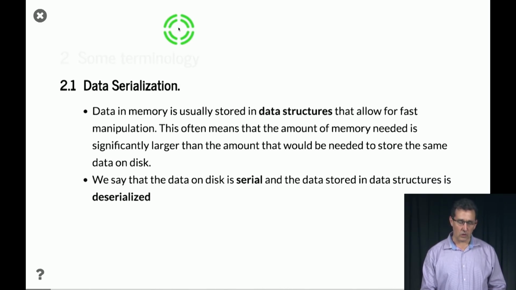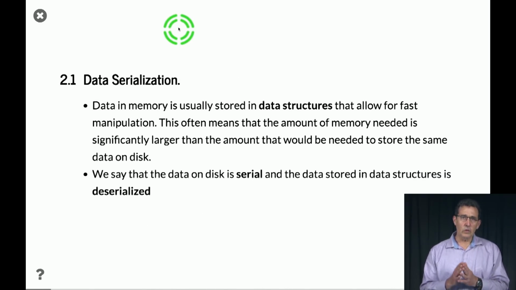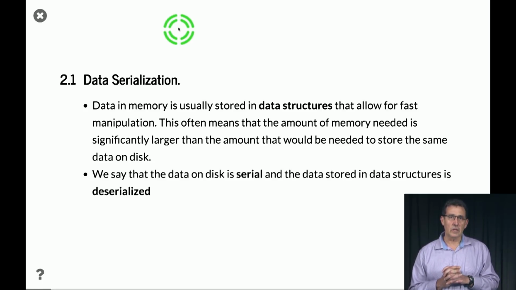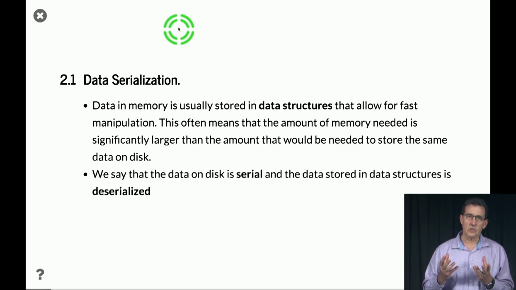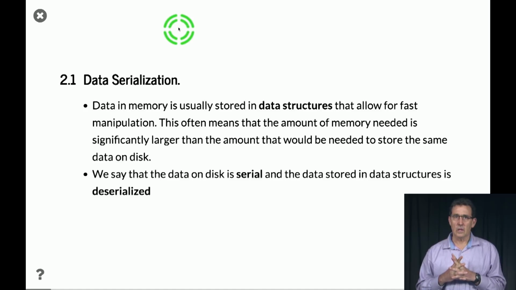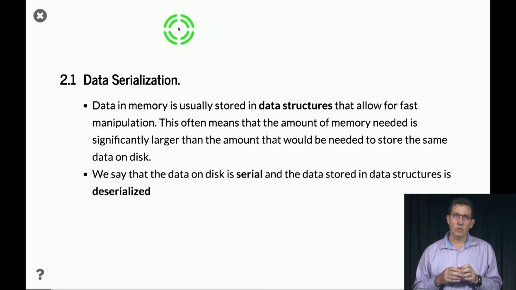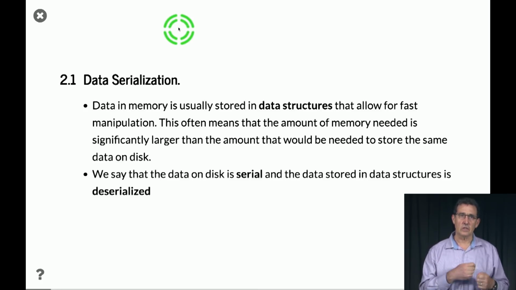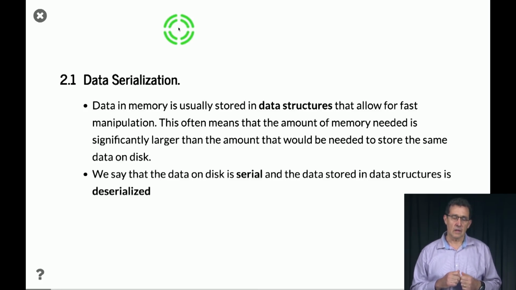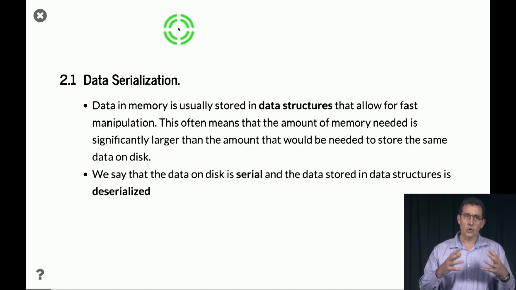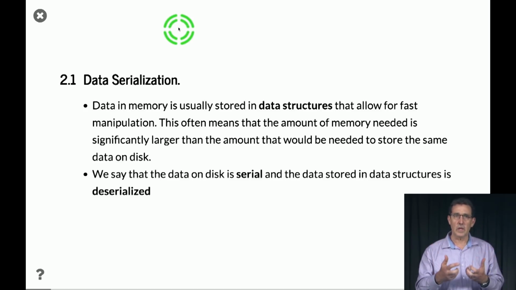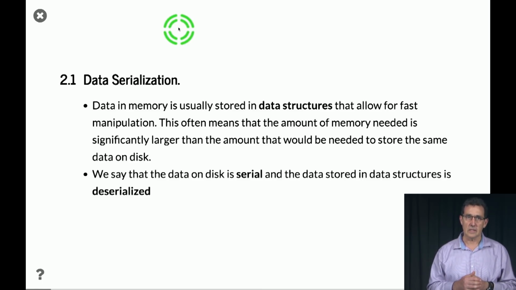So, some terminology. When we talk about data that is in memory, we usually think about data structures such as lists or dictionaries or trees. Those data structures allow us to do fast operations of different kinds. This sometimes means that you're storing more than the information content that is needed in order to make manipulations easy.